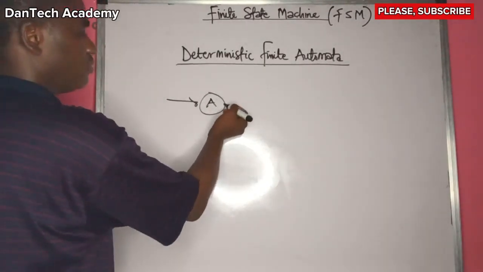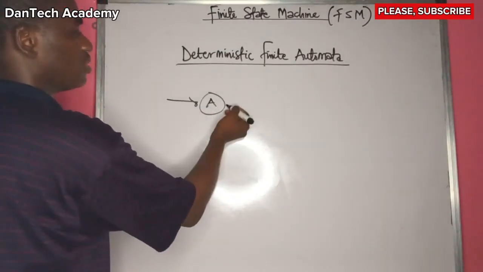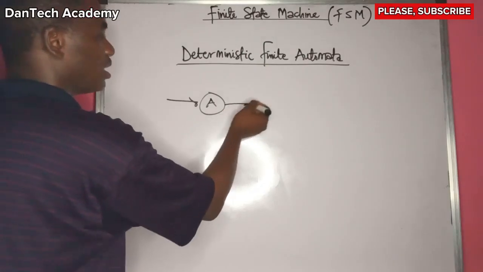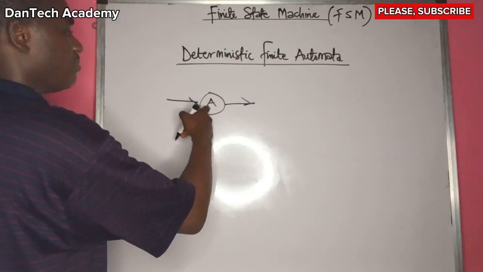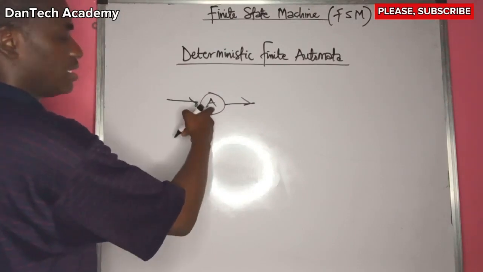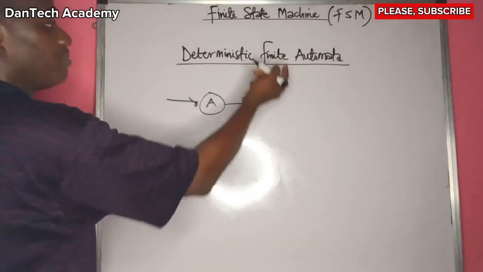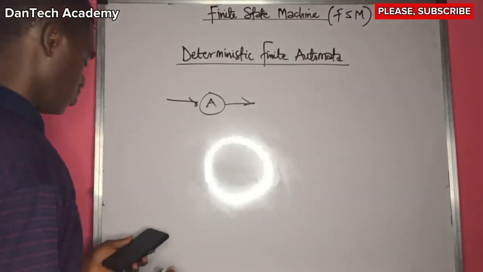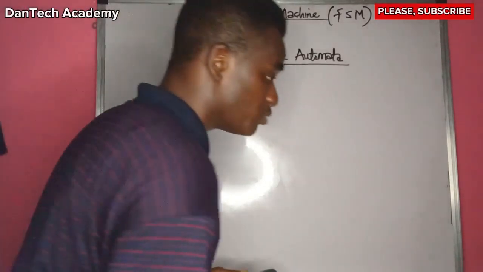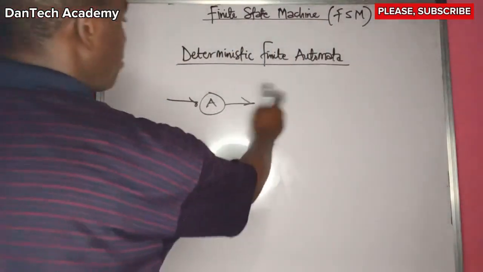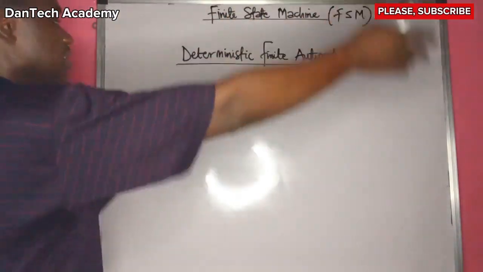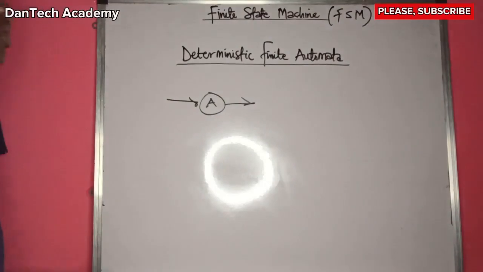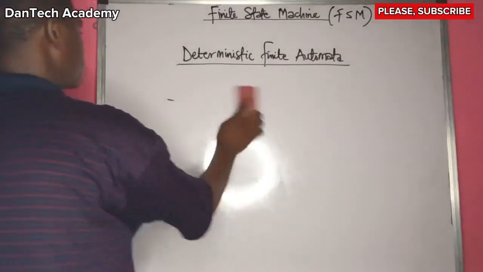Whatever happens that makes the first input move from this first state to another state, we can only determine that by the input that comes in. That's what it means by deterministic finite automata. That means it is the input that decides what happens if we have the next stage or we don't have the next stage. So I think that's very clear.